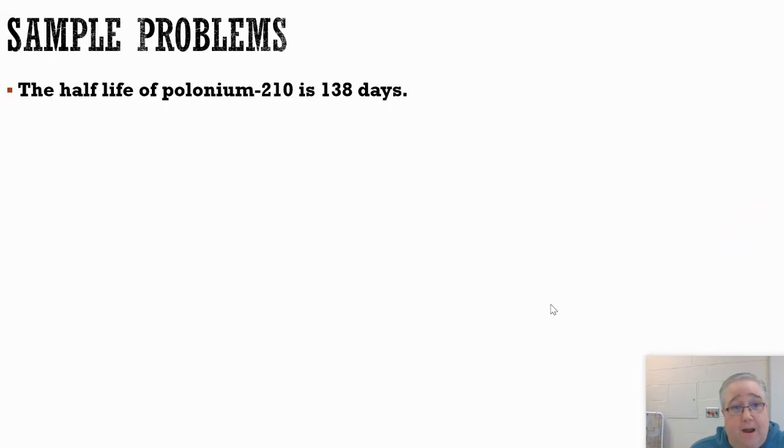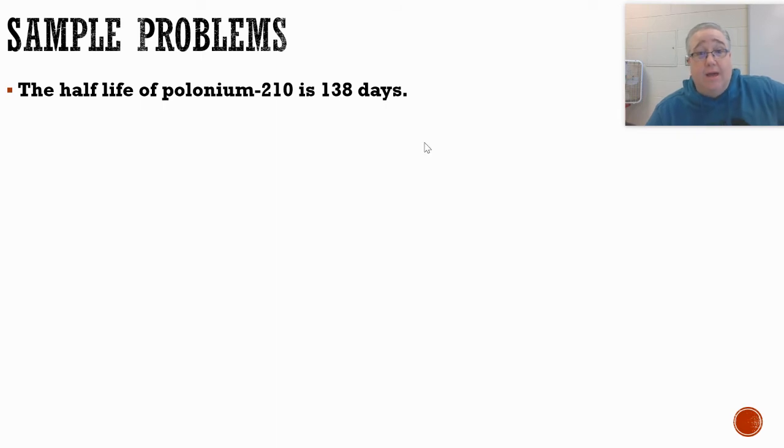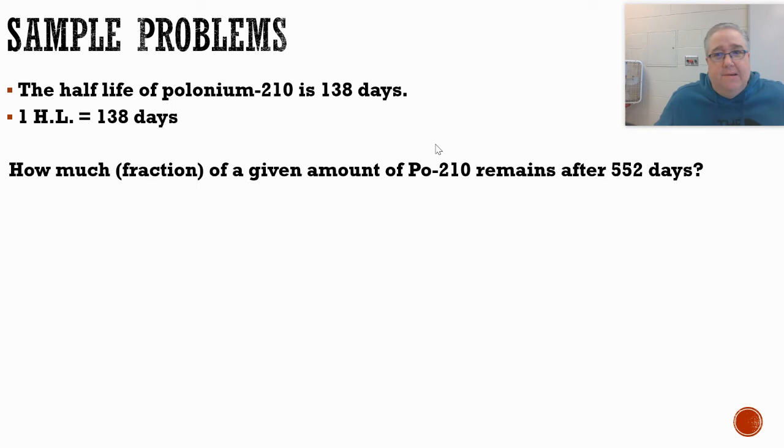All right, let's do some sample problems here. Polonium-210. This is another radioactive isotope. This one has a relatively short half-life of only 138 days. So every 138 days, polonium-210 will decay into another, stable isotope. Don't worry so much about what it decays into, it just decays into something else.